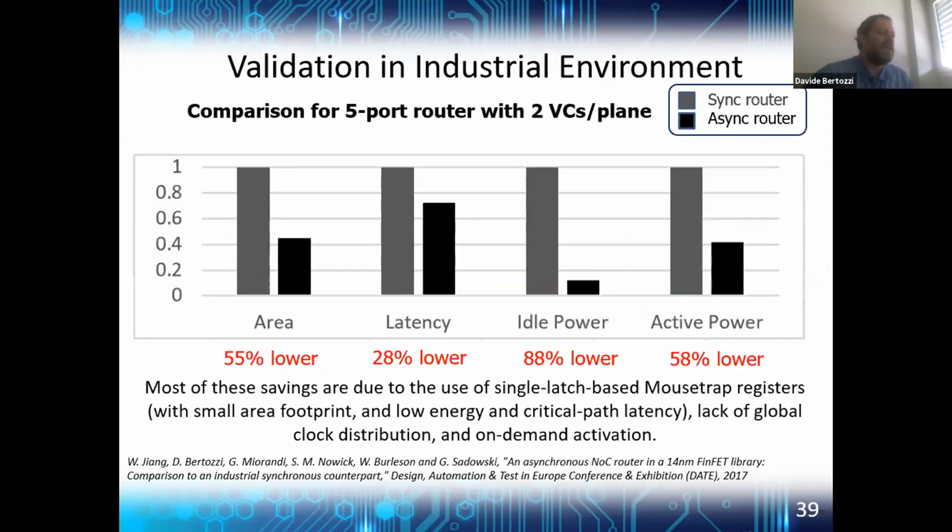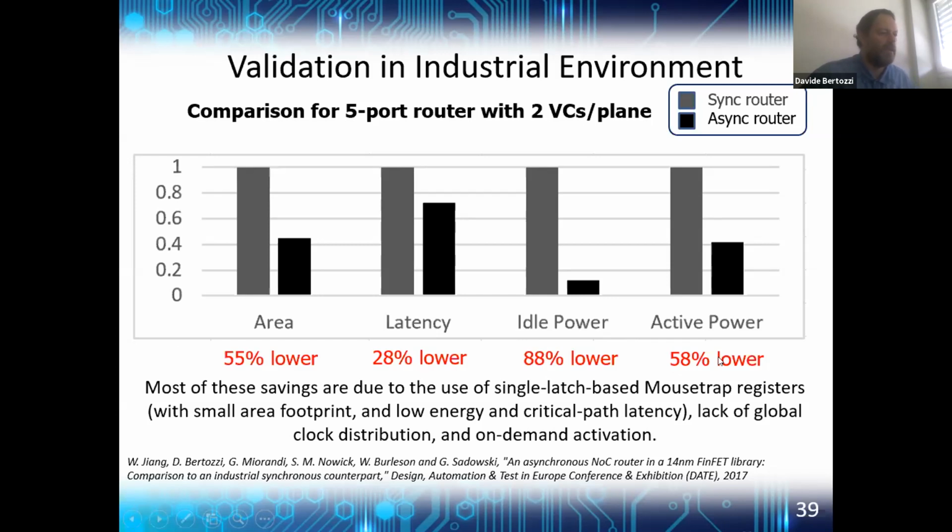And if you look at the results, these are normalized results in terms of area, latency, idle power, and active power. So it's clear that the asynchronous technology has impressive capabilities to lower area by 55%, latency by 28%, idle power by 88%. That's the most aggressive feature of an asynchronous design, to reduce idle power, to get rid of the idle power of the clock tree, and 58% on active power.